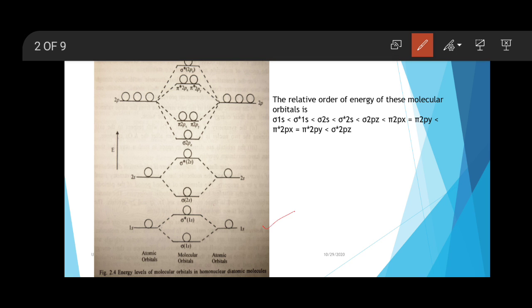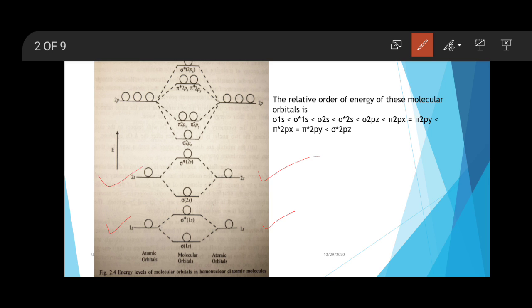Suppose here the 1s orbital of one atom and another 1s orbital of another atom, both have the same energy, and that's why they are mentioned at the same level in an energy profile diagram or MO diagram.